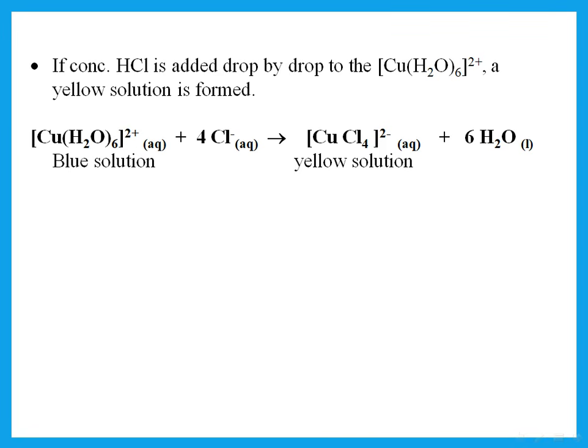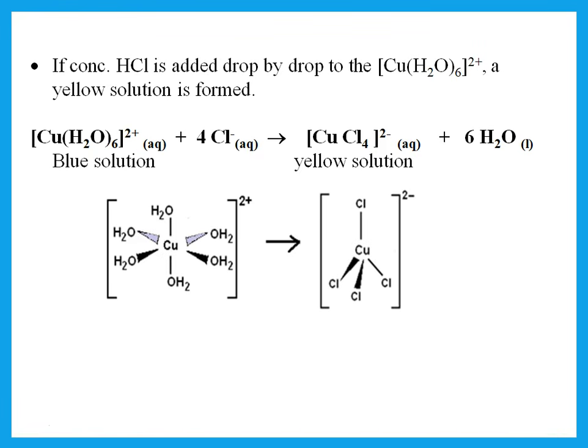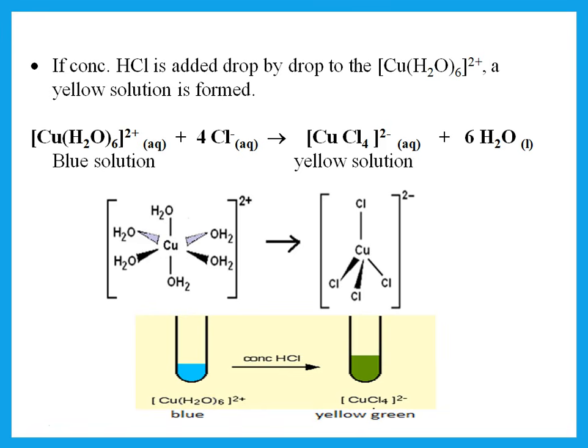If we add concentrated HCl to my copper solution, so I have copper in water, which we said is a blue solution. Now, if I add HCl to it, then it exchanges the water for chloride ions as ligand, and this is a yellow solution or a yellow-green solution in which the copper chloride complex has copper with 4 chloride ions with an overall charge of 2 minus.